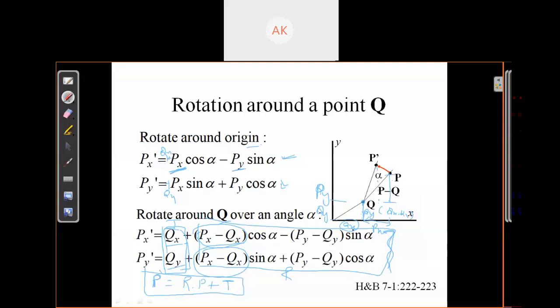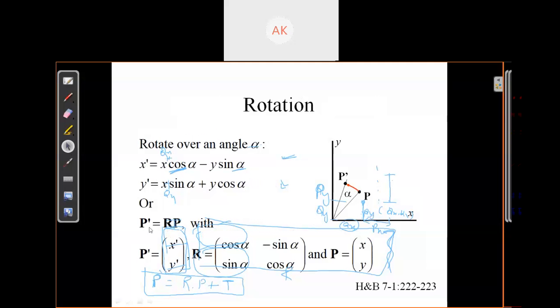But when your rotational point is the origin, your matrix form is p dash equals R p, where R is the rotational matrix and p is your original object position.